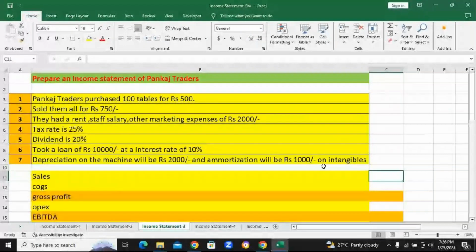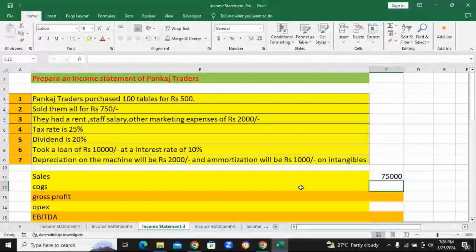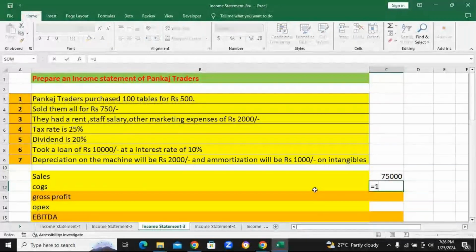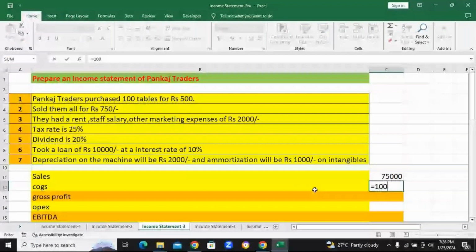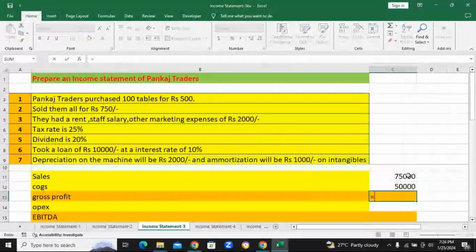So first I need to calculate the sales, that is equals 100 into 750. So I bought it for 500 and I sold it at 750. And then what is the COGS, cost of goods sold, equals 100 into 500. Then gross profit equals 75,000 minus 50,000.